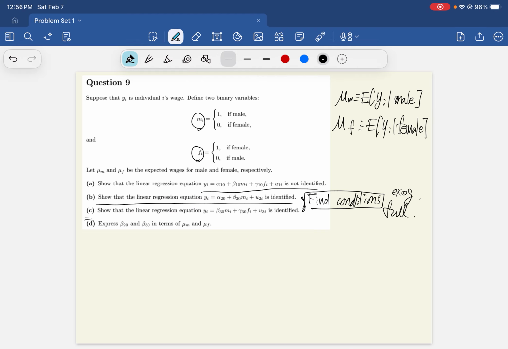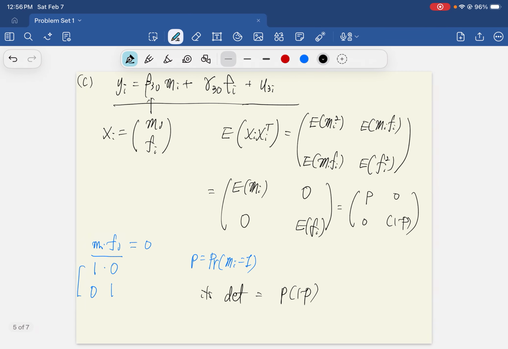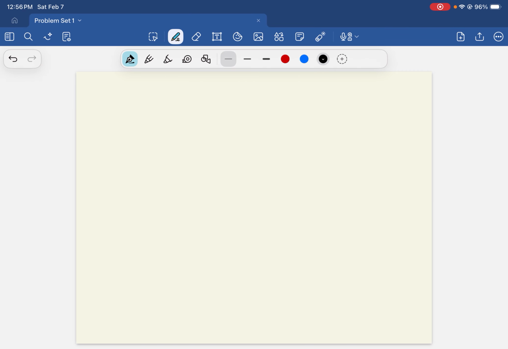Now then, the last one: express beta 20, beta 30 in terms of the conditional mean. Okay, let me write the equations. Beta 20 has an intercept. It's not x, it should be m. This is the second model: beta 30 m_i plus gamma 30 f_i plus u_i.